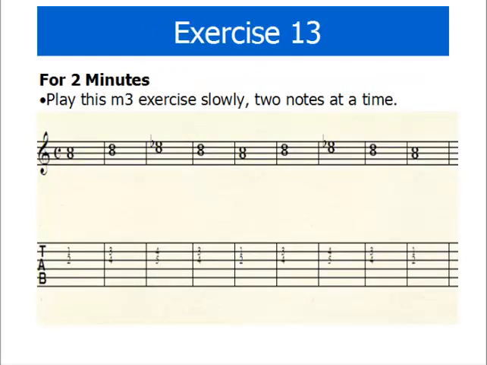And so now I'm going to ask you to play this exercise. Go back to the A, C, 2nd fret and 1st fret. Now bring it up to the 4th fret.